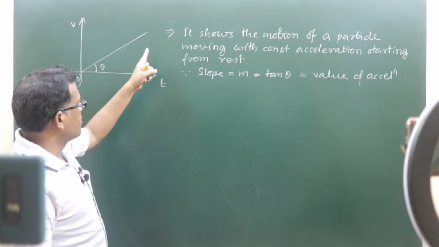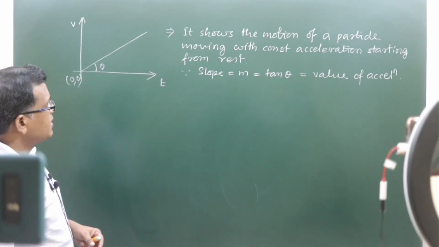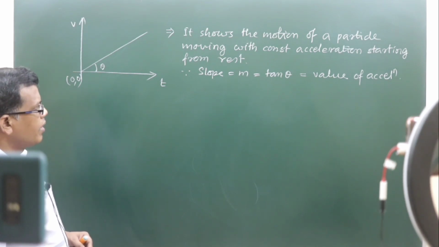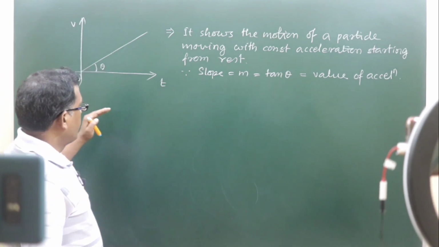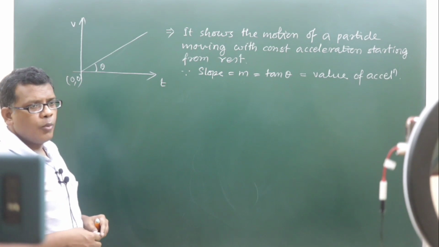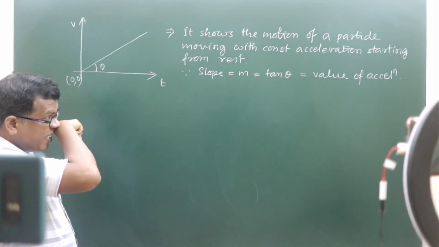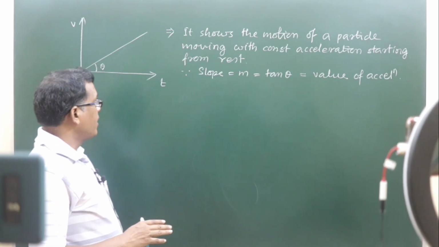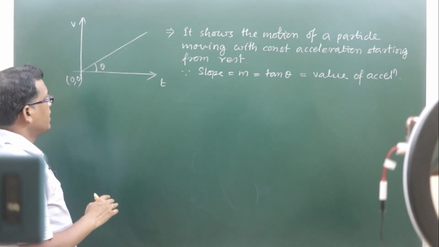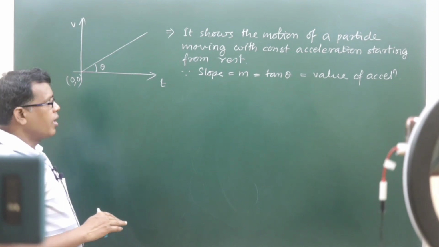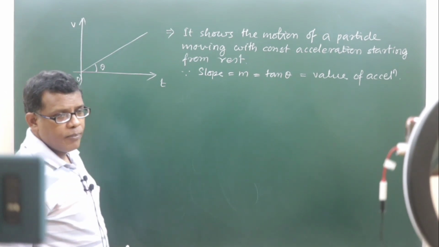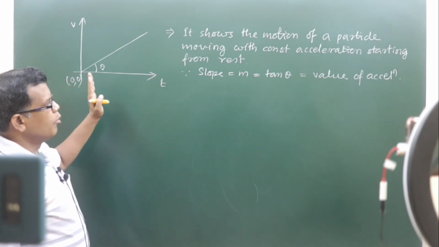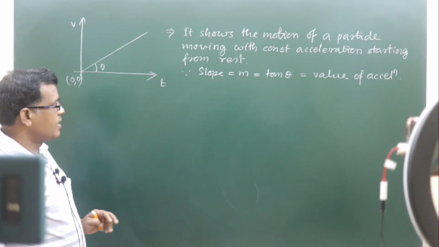So here also the straight line with a constant slope, as I said, in case of a particle moving with constant acceleration the slope will be constant. That means whenever a velocity time graph is plotted by a straight line, so long as the slope is maintained the same, we can say the particle is moving with constant acceleration.